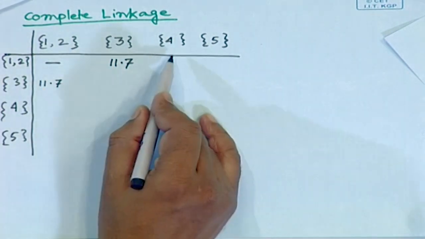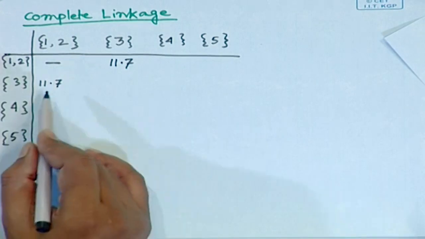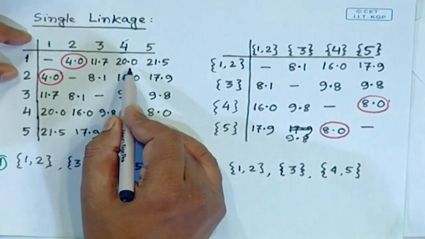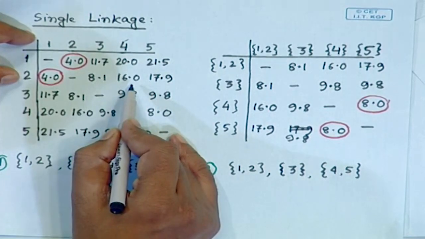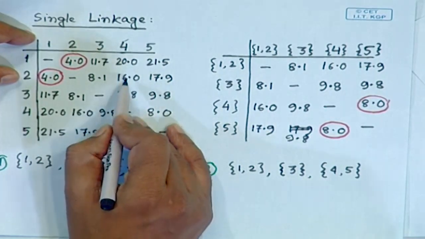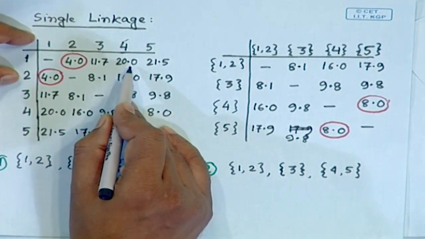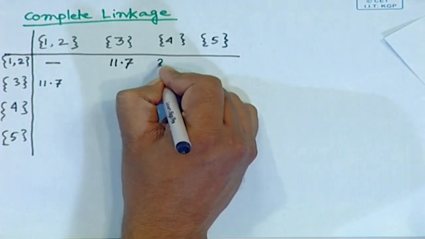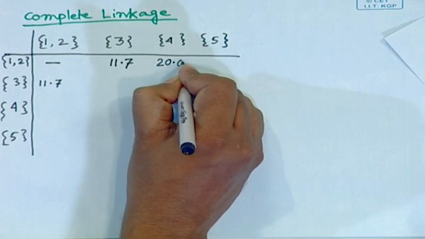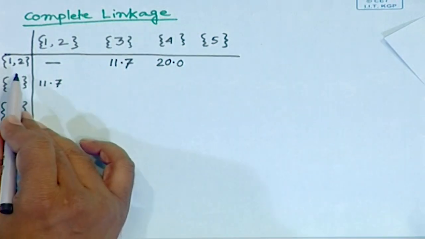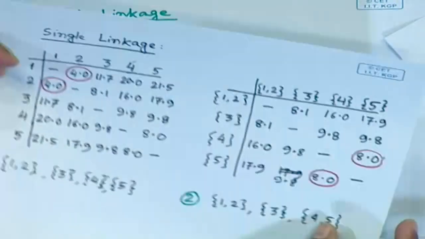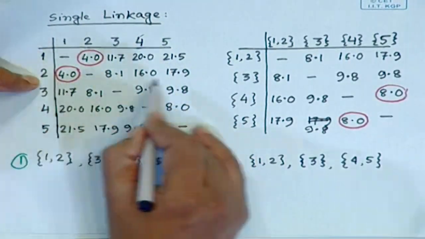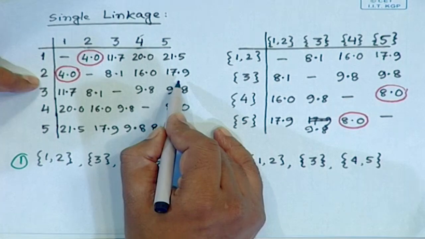Now, for the distance between 1, 2 and 4, I have to find the distance between 1 and 4, that is 20.0, and between 2 and 4, that is 16.0. I take the maximum of these two distances, which is 20.0. Then the distance between 1, 2 and 5: the distance between 1 and 5 is 21.5, and between 2 and 5 is 17.9.